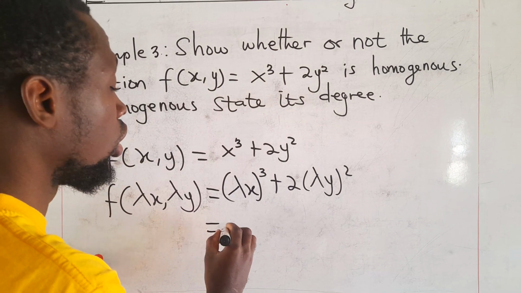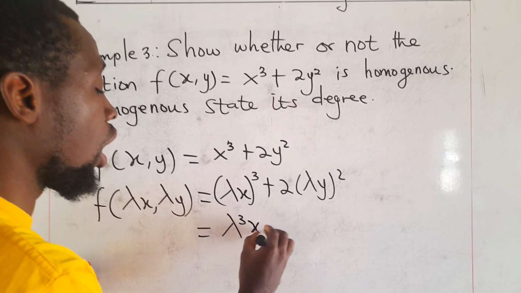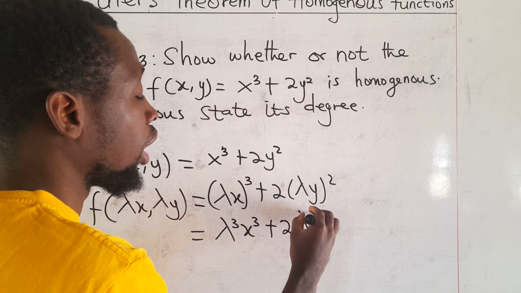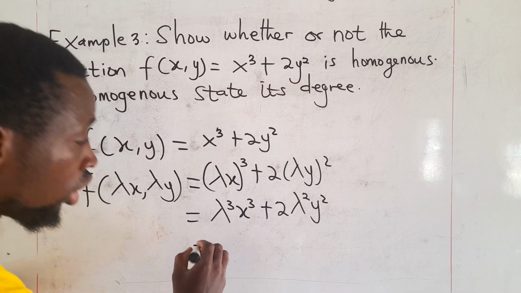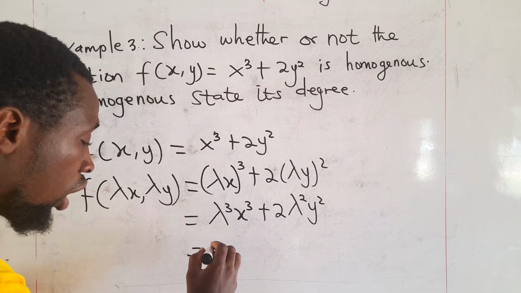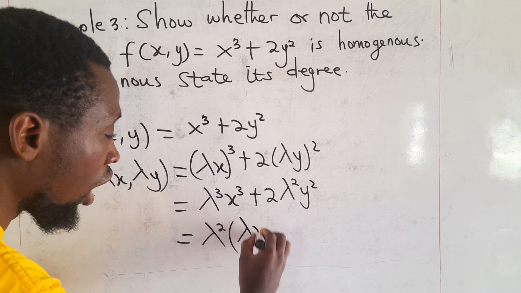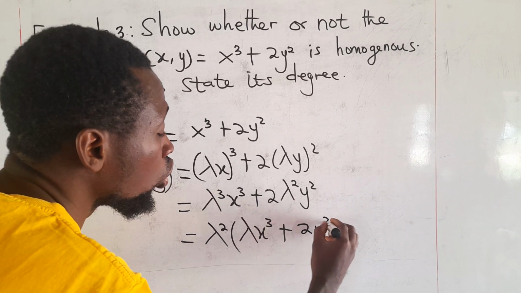We simplify this. We get lambda cubed x cubed plus 2 lambda squared y squared. What's common here? Lambda squared is common, so we bring it out. We'll be left with lambda x cubed plus 2y squared.